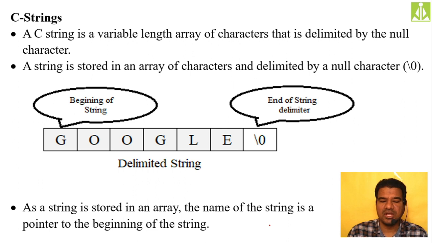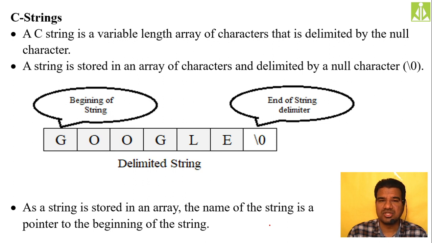In order to store a string in our computer memory, we declare an array, because an array is a sequence of elements. Here all those elements we make characters, because in a string we are going to have only characters. So a string is similar to a character array.